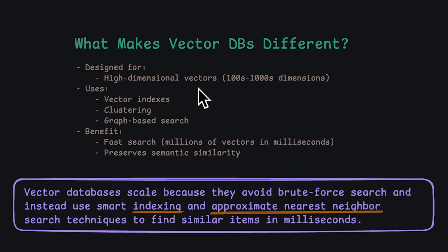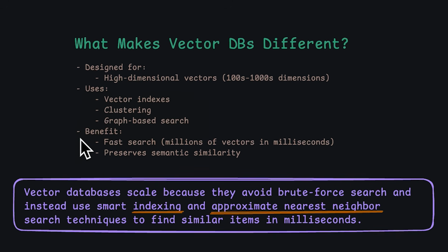For now, just understand that we can store high dimensional vectors inside vector databases. And they use vector indexes, the concept of clustering, and vector-based search to optimize this search and make it more efficient.